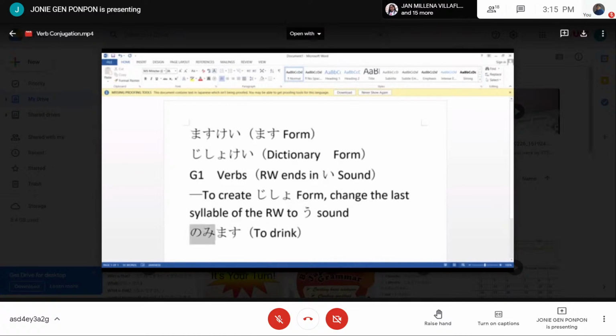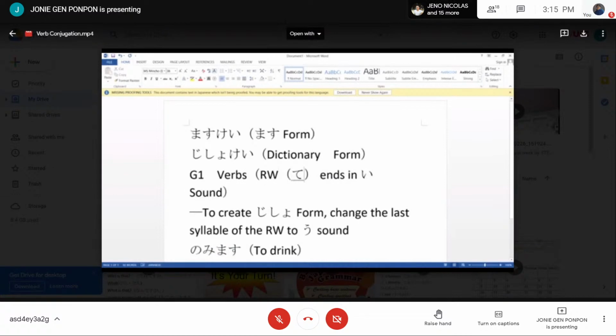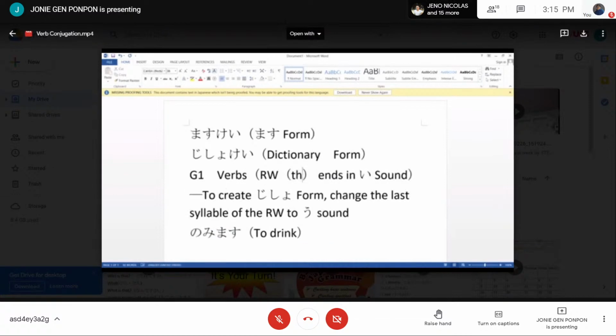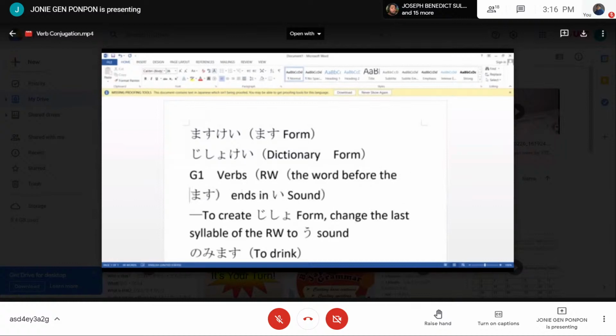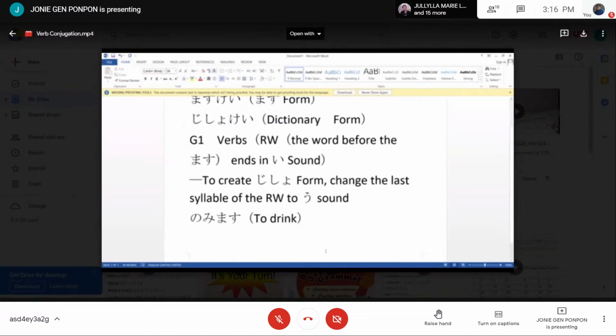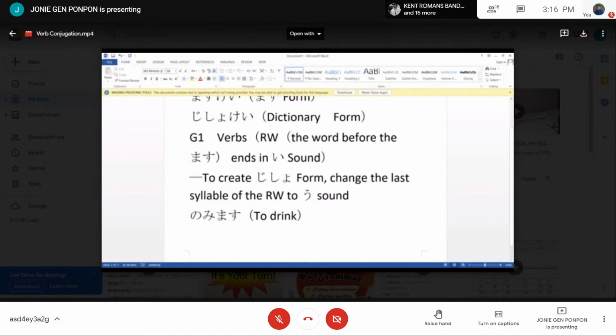The root word is the word before the masu, so nomi is the root word. So for our example, we have nomimasu.